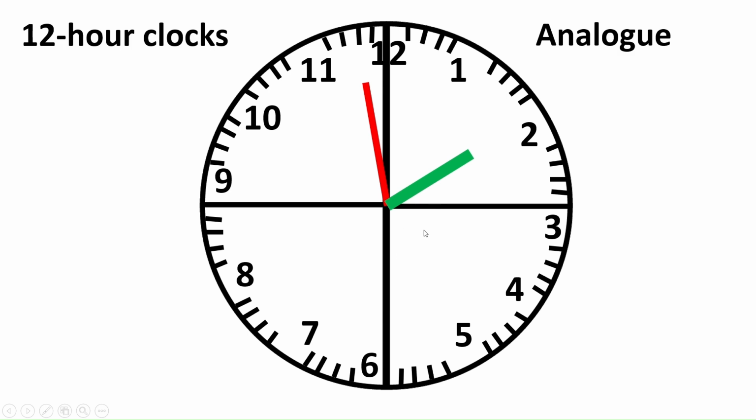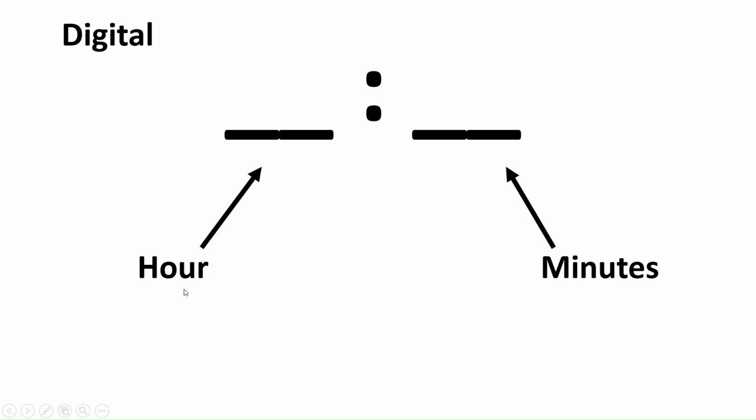However, today we're going to be looking at the other type of clocks, which are called digital clocks. So let's have a look at how we write them. We write digital clocks in this way. We write the hour first, then 2 dots, then the minutes. We've seen this format before in our first few videos, so it shouldn't be too hard to write it in this way.